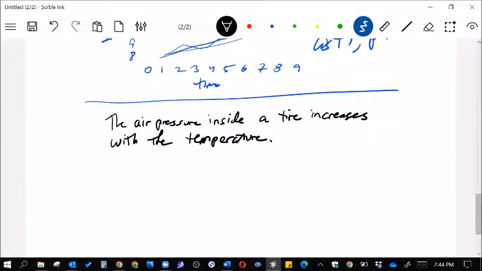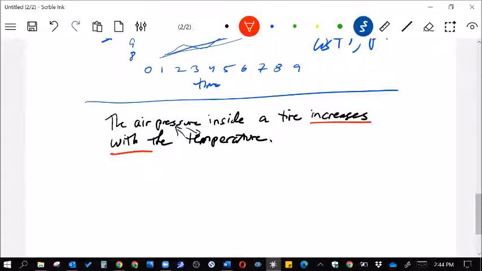So the question in here is: does the air pressure cause the temperature, or does the temperature cause the air pressure? So when they say increases with the temperature, that's a way of saying that, well, they both go up.